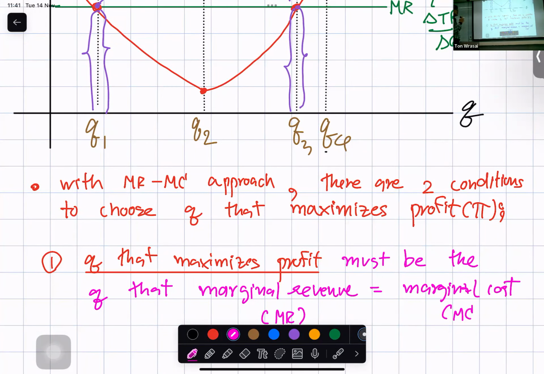Only two places, Q1 and Q3, fulfill requirement number one. The rest, no: MR less than MC, or MR greater than MC.